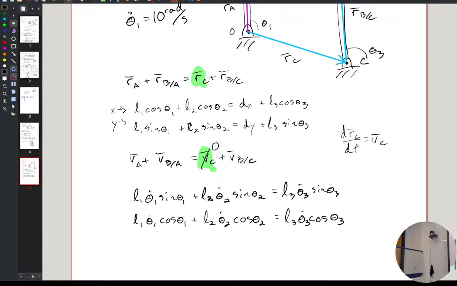And dx is referring to the distance between A and C. And then dy is the vertical distance. So that's the first one.